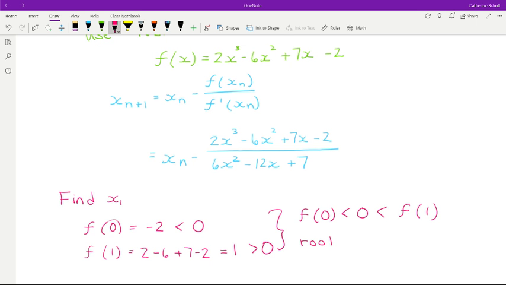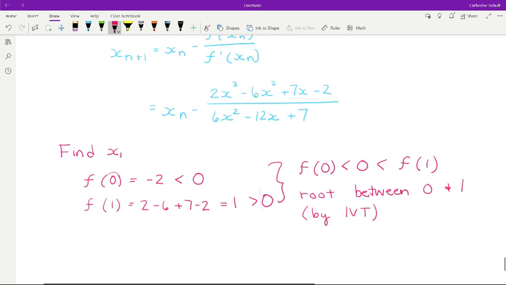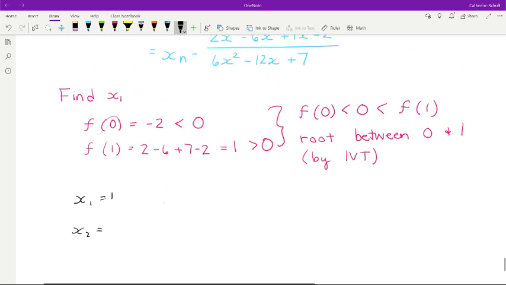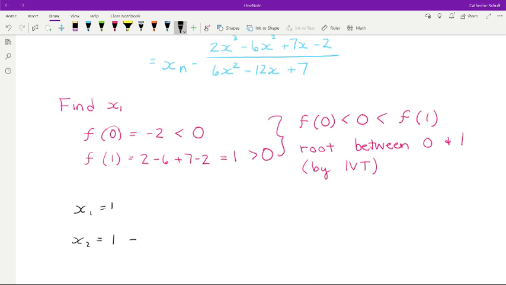So that means there's a root between 0 and 1 by the IVT. Okay, so now you can choose either one. I'm just going to choose x1 equal to 1. Okay, so that means x2 in this formula I got upstairs is going to be 1 minus f of 1 in that big long formula divided by f prime of 1.